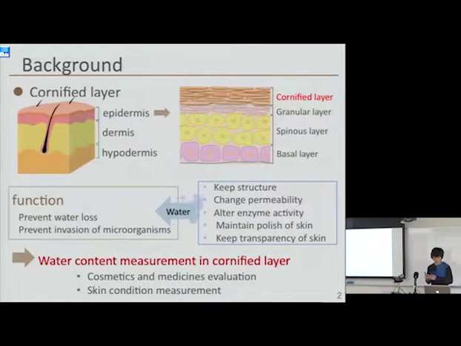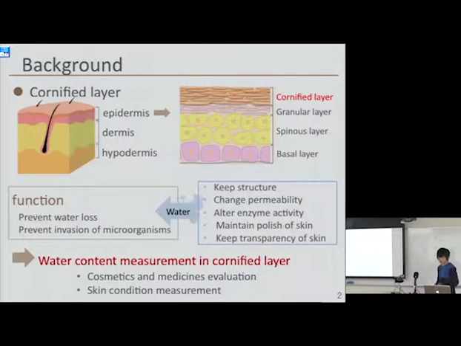So measuring water content in the cornified layer would be of great help in cosmetics, medicines, or biological research. For example, polish or transparency of skin is important when making cosmetics, and the permeability of skin is also important in making medicines.